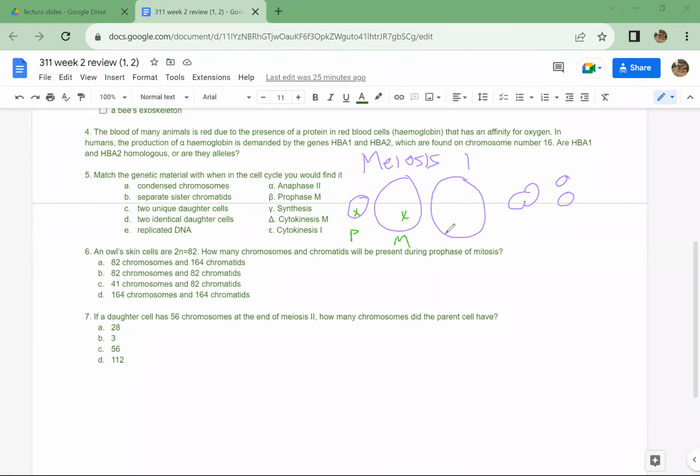Sorry, I'm being so scatterbrained. I've had a long day. Prophase, metaphase, anaphase, telophase, and cytokinesis. I'm going to end up drawing these again anyway, so I may as well just do it now. Telophase and cytokinesis.